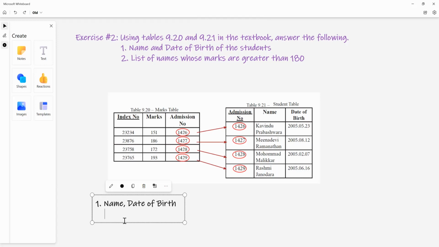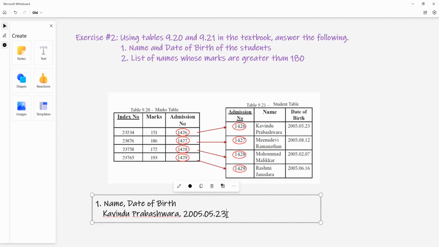So the answers are Kavindu Prabhashwara, and then 2005, 523. I'm not going to type the others. It goes on like this, right? So I hope you can do it.